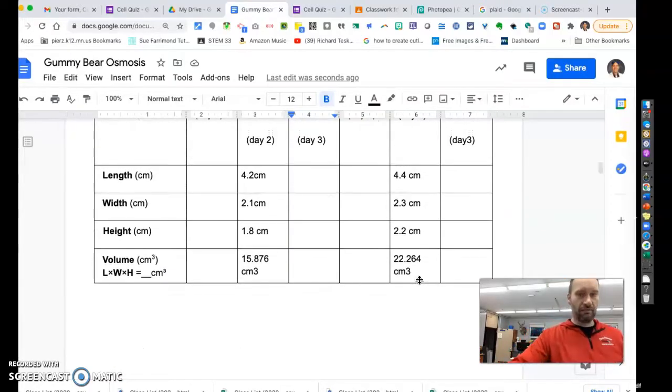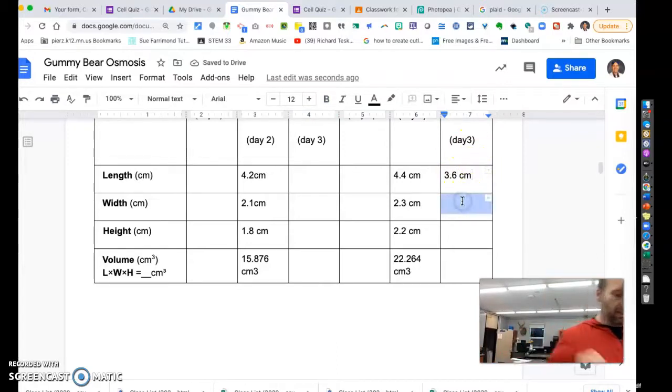So measurements, these are going to be kind of hard. My one gummy bear is pretty beat up. I'll try my best to get a rough estimate because it's not going to be perfect. Looks like to be about 3.6. Okay, the width of the gummy bear, 2.